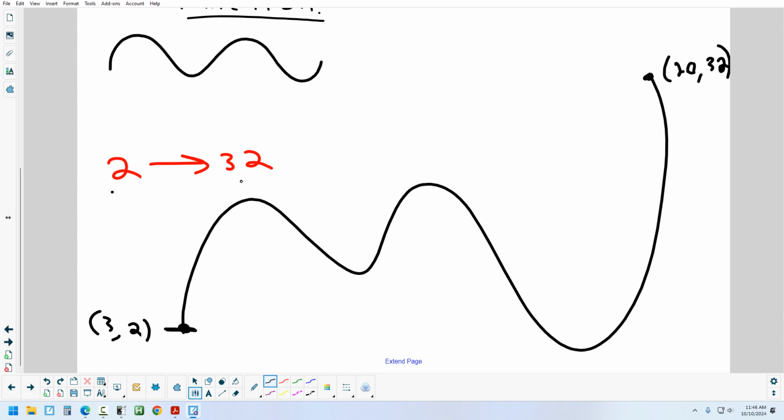Because it's continuous, exactly. If you have a continuous function and you start at a number and you stop at a number, I guarantee you'll go through every value in between 2 and 32. You have to. There's no way to get from 2 to 32 if you never lift your pencil without going through every number in between.